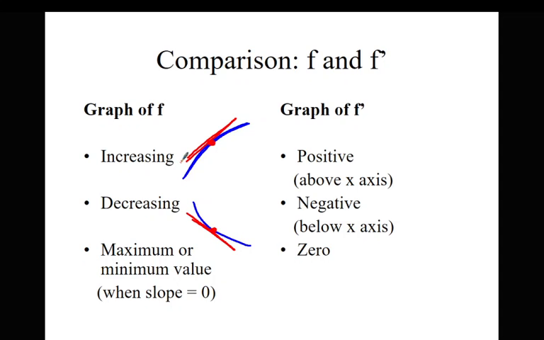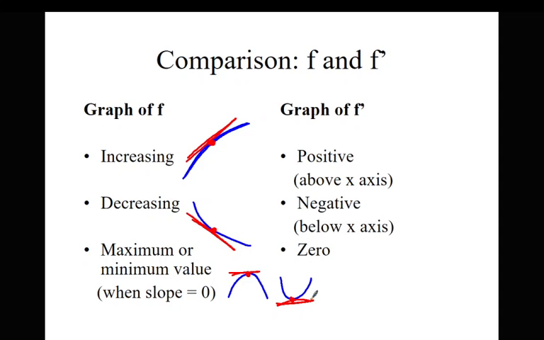When you have a maximum or minimum value, what does that look like? Either like this, maximum, or a minimum. At that maximum or minimum point, the slope is 0 because we have what's called a horizontal tangent, like that.